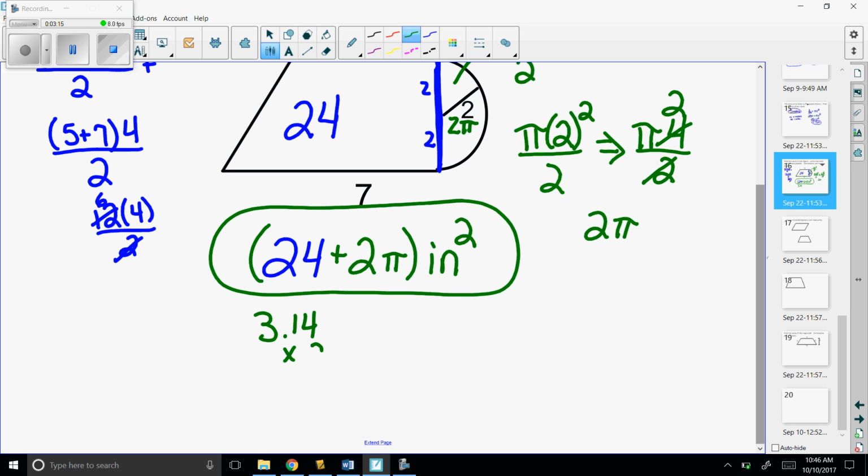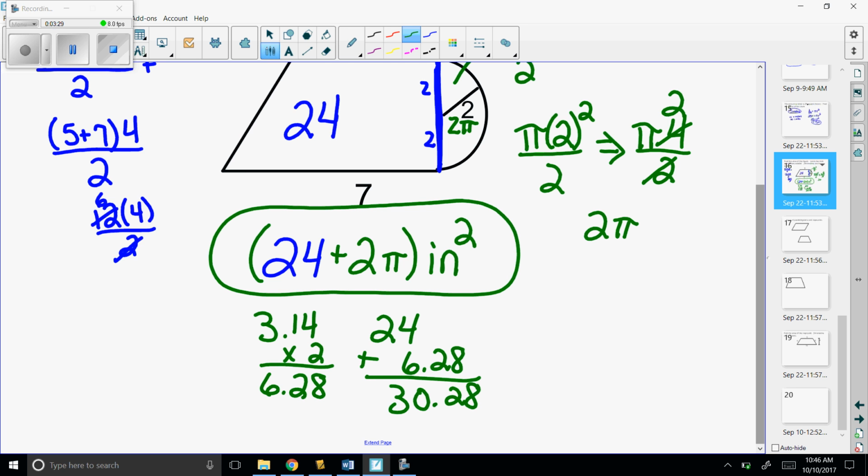And if I take that times 2, you get 6.28. So I'm going to take 24 plus 6.28, which is the 2 pi, and that gives you 30.28, which our approximation was 30. So it's approximately equal to, that's what the 2 squiggly lines means, 30.28 square inches.